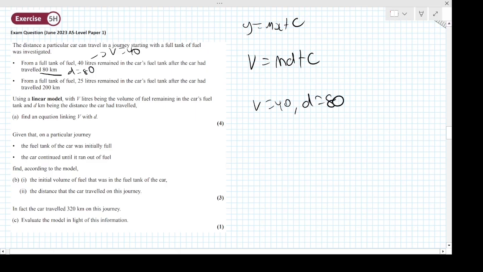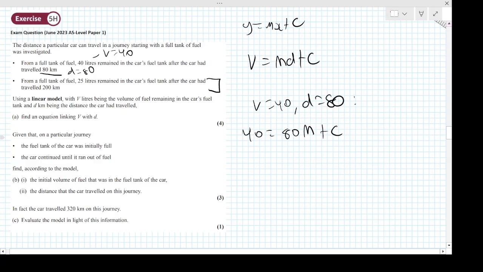Now I can substitute that into this equation here, okay? So when V's 40, I get MD, that's 80M, because D would be 80, plus C. Okay, that's fine, that's one equation, but we've got another bit of information here, so we can get two equations. I'll leave it there, V's 40, I won't rub that out. And then what about this one?